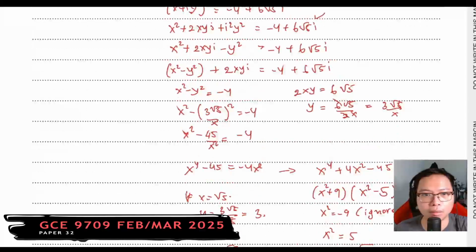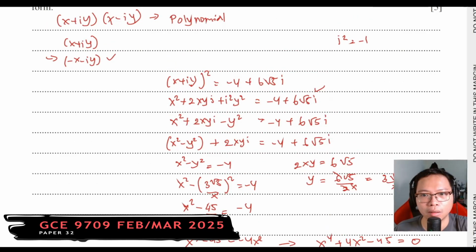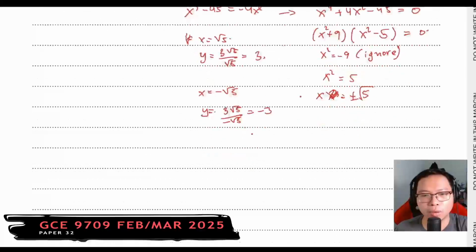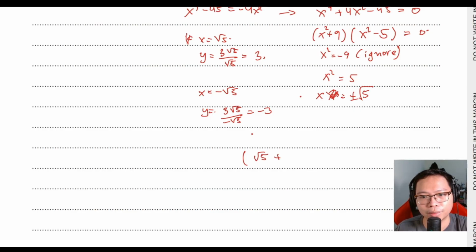So we just put square root of 5 plus 3i and negative square root of 5 negative 3i. So we have two square roots. That is for number 5.